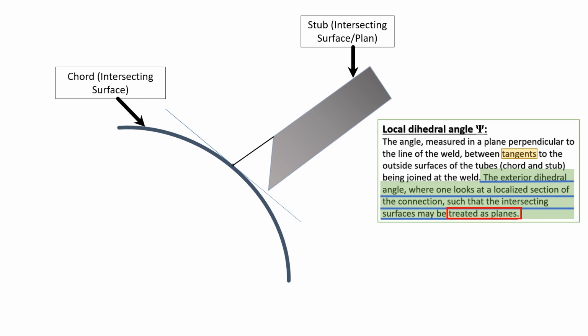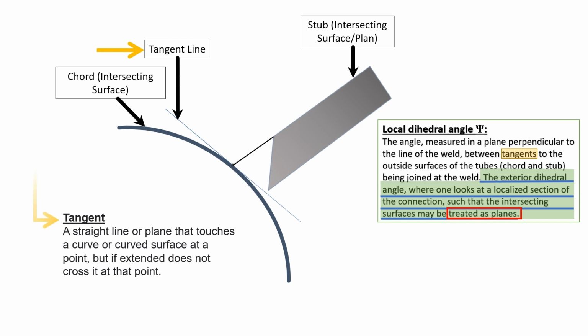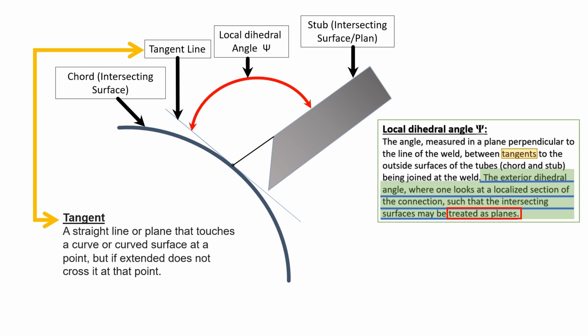A tangent is a straight line or a plane that touches a curved surface at a point, but if extended does not cross it at that point. The angle measurement between these two planes will be the local dihedral angle. Note: it is not necessary for the intersecting exterior surfaces to always be curved.